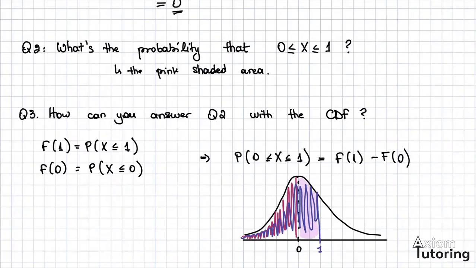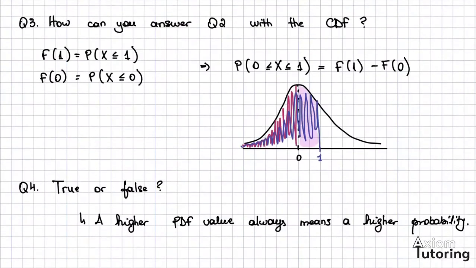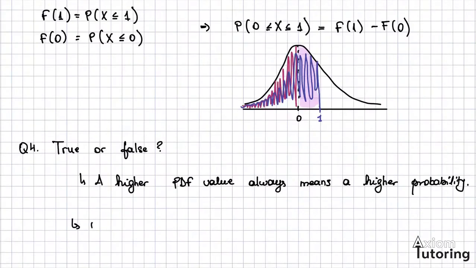Let's check one more point before we conclude this video. True or false? A higher PDF value always means a higher probability. If your answer to this was false, then you did well. Keep in mind, probability does depend on the area, not the height. Okay?